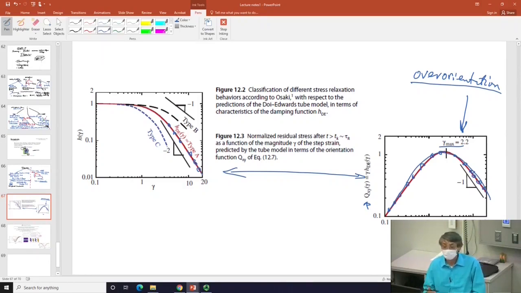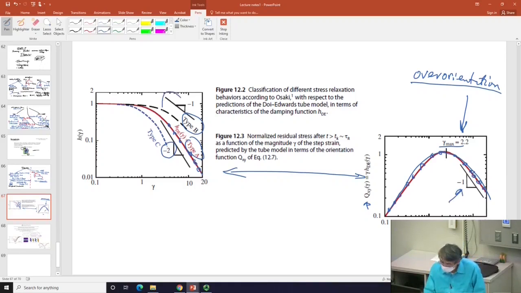Or, let me rephrase it: any system that would undergo stress relaxation quiescently will not be type A, will be type B. Look how carefully I drew it. Type A, the Doi-Edwards theory, has a slope of 2, such that when you try to recover stress, it is still non-monotonic.